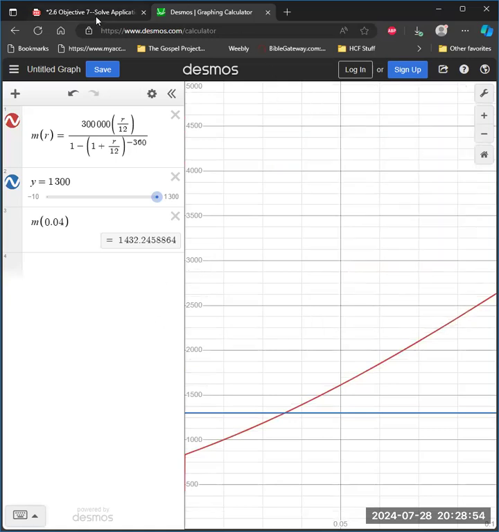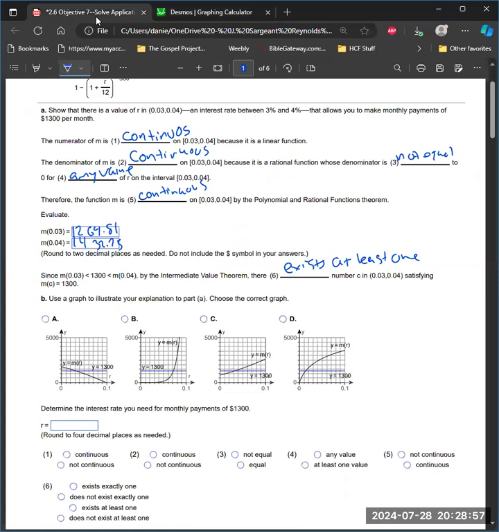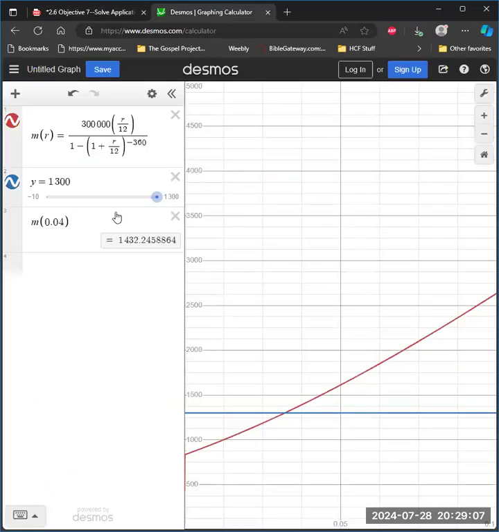Then we can see that nice curvature there, and we can see that it is C. And the R value that we're looking for to 4 decimal places is going to be 0.0322.